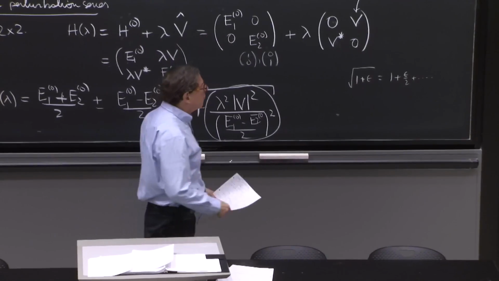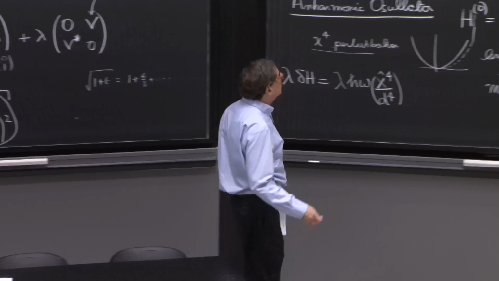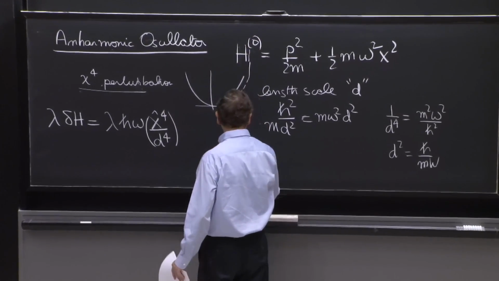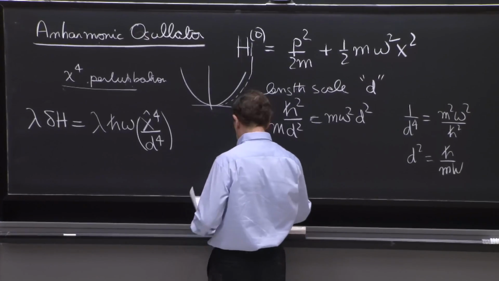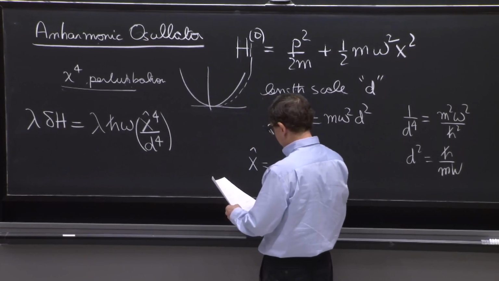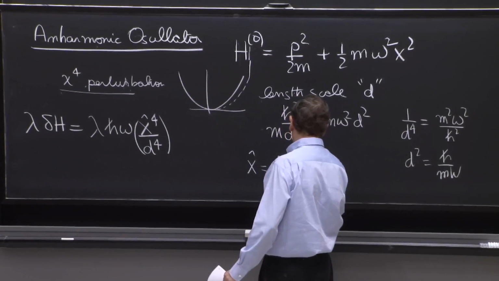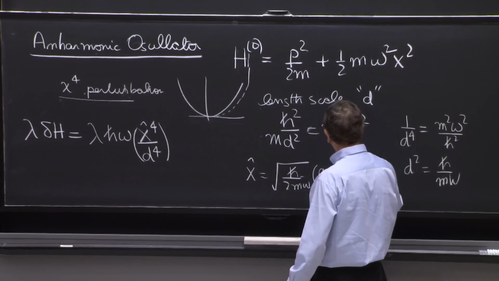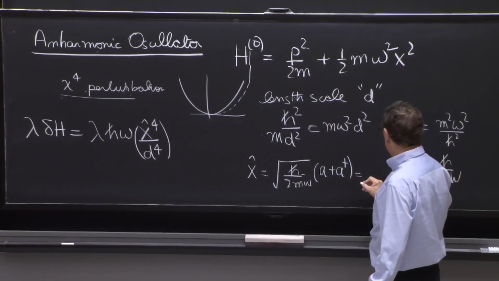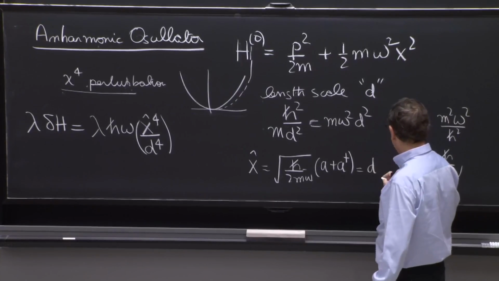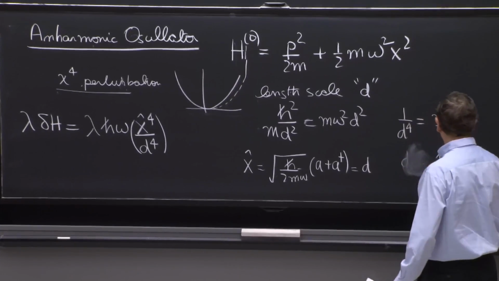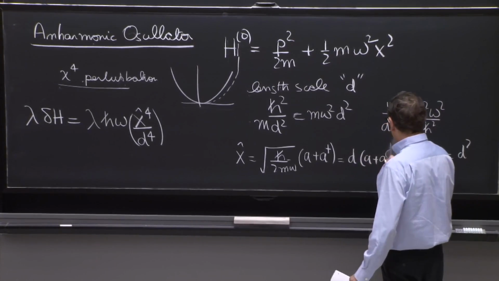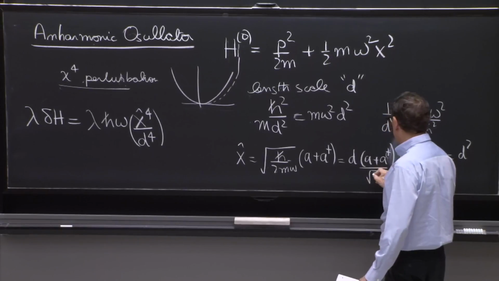So there's a couple of ways of thinking of it. You may remember that in the harmonic oscillator, the operator x was given by square root of h bar over 2 m omega, times a plus a dagger. So this is d times a plus a dagger over square root of 2.